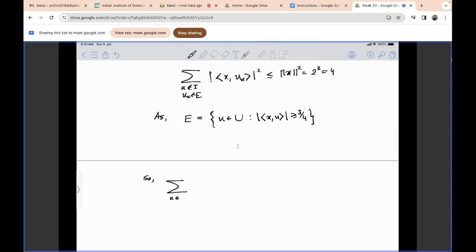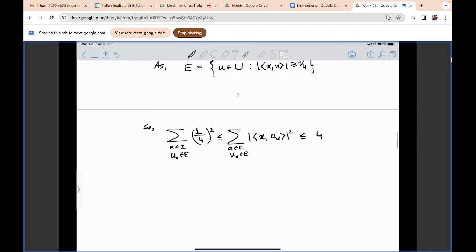The summation over alpha in I with u_alpha in E, of (1/4) squared, is less than the sum of the modulus squared of the inner products over the same alpha, which is less than 4. So 1/16 will come out, and the count of the u_alpha in E times 1/16 is less than 4.